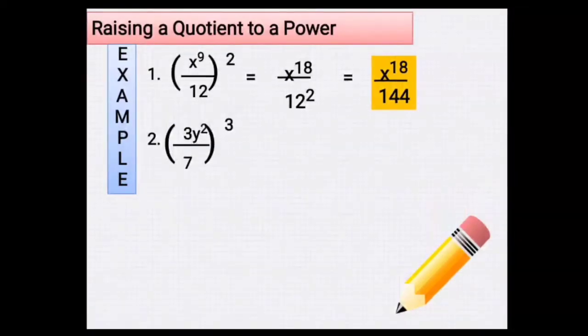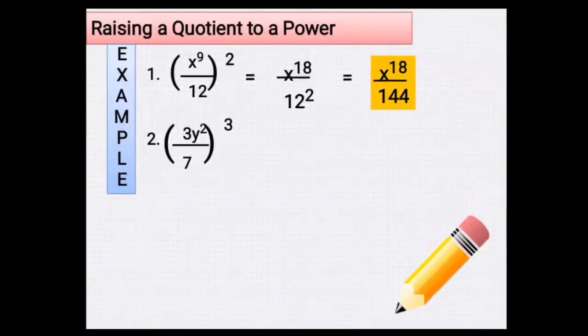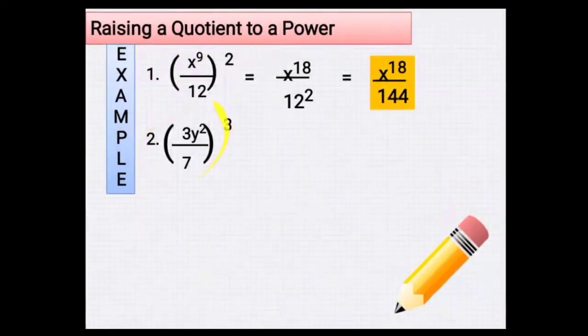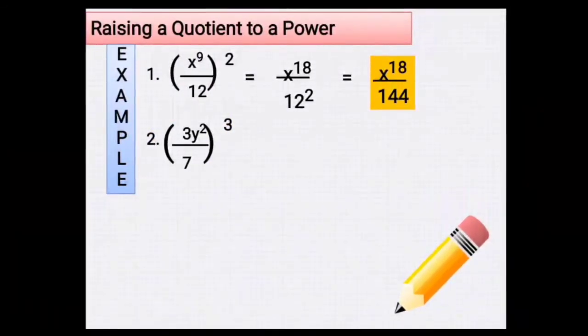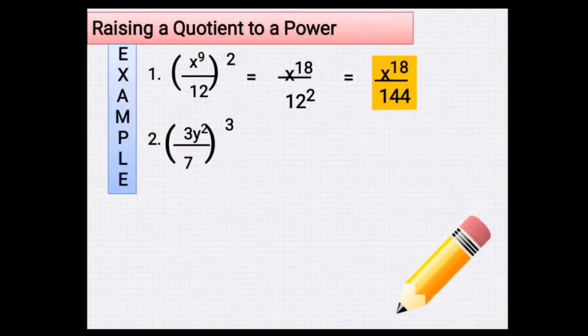Number 2, 3y squared divided by 7, all cubed. In this case, let's apply the quotient to a power. Take a look at the numerator, 3y squared. Let's start with 3. What is the exponent of 3? The exponent of 3 is 1, because there is no visible exponent, that is automatically 1.